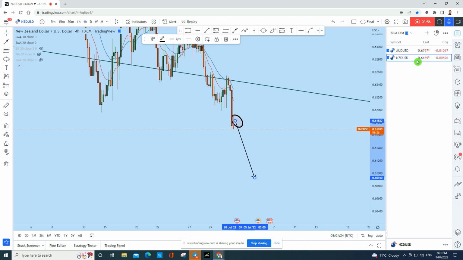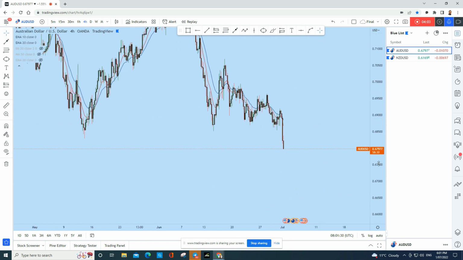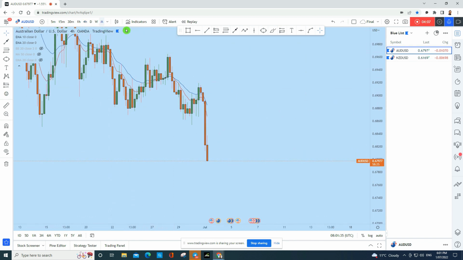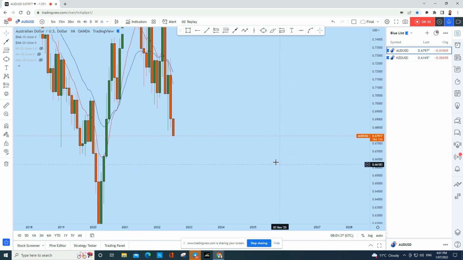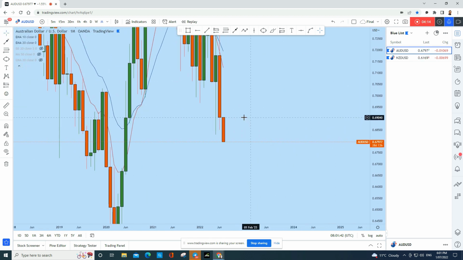Now if you look at Aussie dollar, similar kind of price action to NZDUSD, a little bit more bearish than NZDUSD. If you look quickly at the bigger picture, the same way as we have seen on NZDUSD, in Aussie dollar, as soon as the monthly closed, we saw a weak candle on the intraday or 4-hour time frame, which didn't break the high, and Aussie dollar started to melt down.